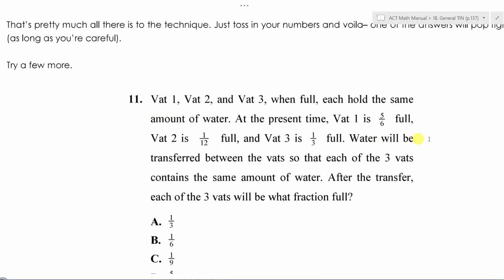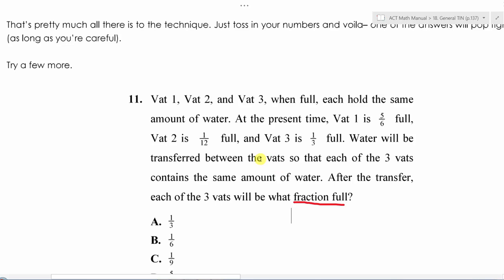Now, on the next page of the General Tin section, we're going to run through several more examples, and we are going to see some variations of the technique, some slightly different ways you will apply it, or hints for applying it on certain types of questions. For instance, on number 11, they are asking you for a fractional part. There is a slight hint that you might want to know on such questions.